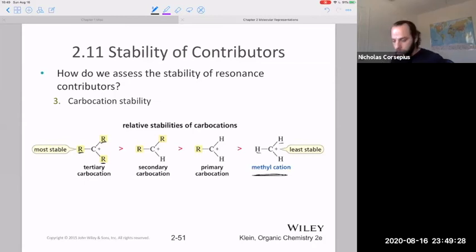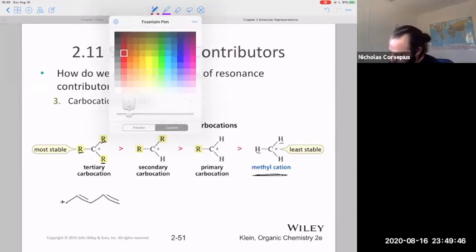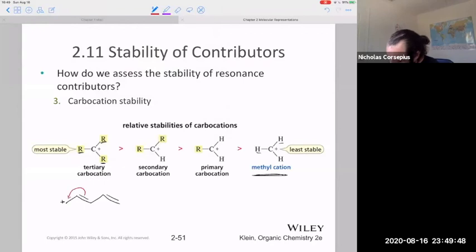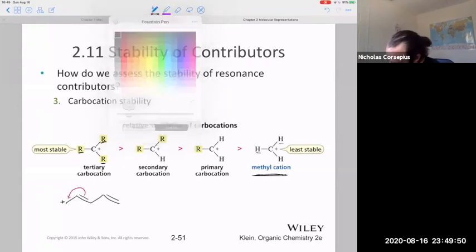When you're assessing stability, for example, let's do one like this. This meets one of our patterns because I have an allylic positive charge. Well, this pair of electrons can come over here. This will be my first resonance contributor.